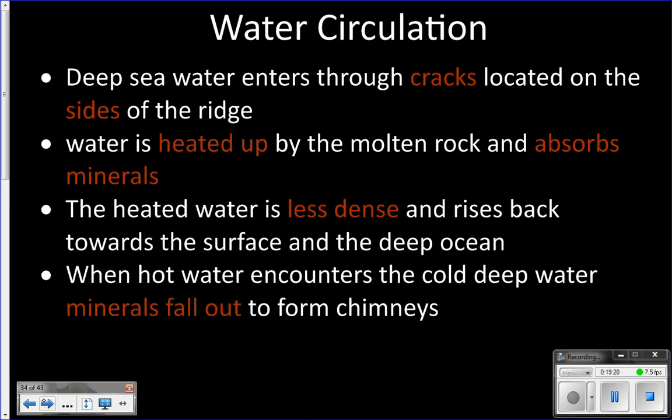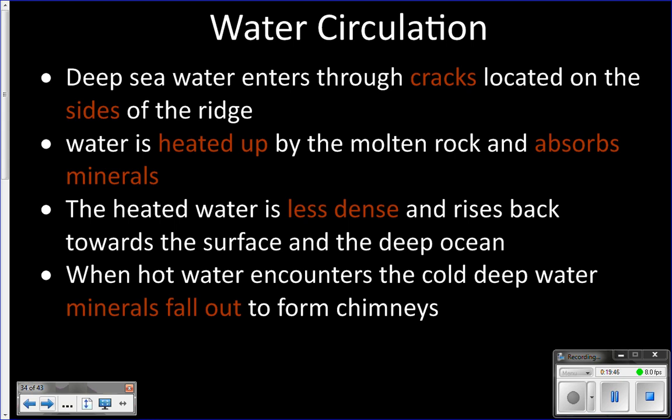How they're formed. So here's my little mid-ocean ridge. Water that's around here is under a lot of pressure, and there's cracks in the crust here because there's a lot of tectonic activity. So the water gets forced into these cracks, okay, and forced down into the crust of the earth. As it gets closer down here towards the mantle, what do you know about the mantle? It's hot.